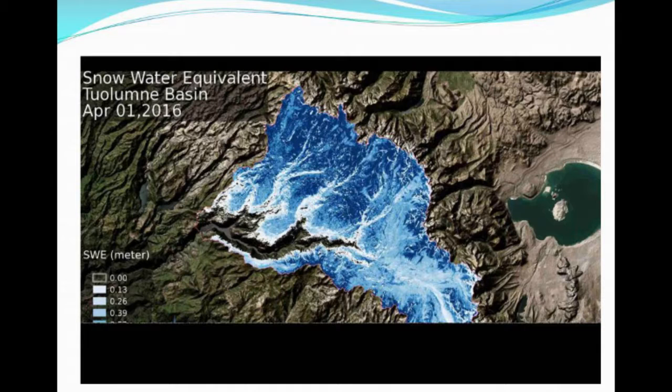And so a partnership between Frank Gerke and Thomas Painter. Frank is with DWR Snow Survey, and Thomas is with JPL. They flew a plane over a test area in the Tuolumne Basin, which is over Hetch Hetchy, that's the watershed above Hetch Hetchy. And LiDAR is a pretty amazing technology.